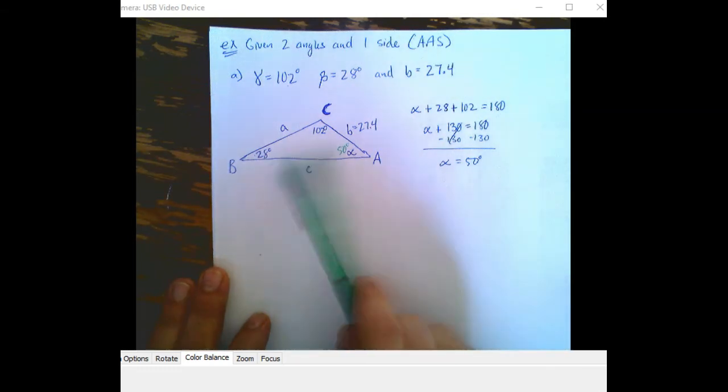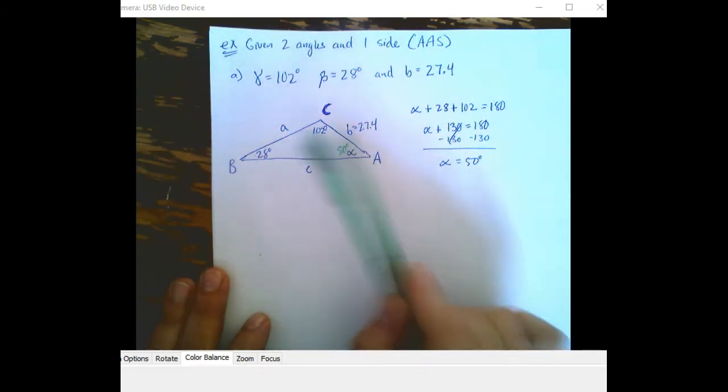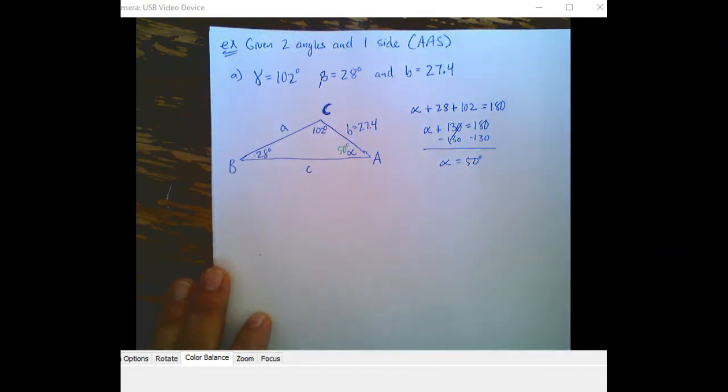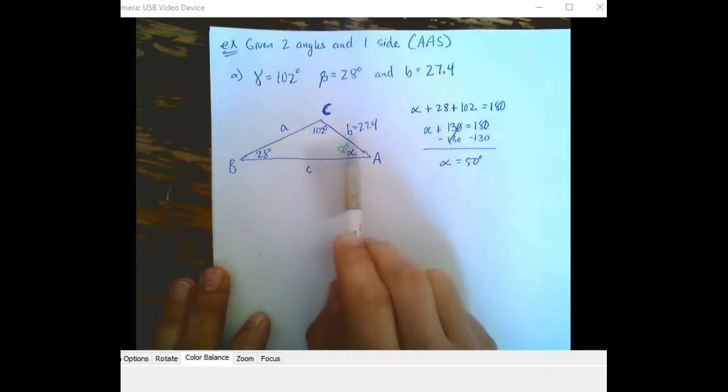All right, now we need to find the sides, right? In the right triangle unit, what we would do is just set up either a sine, cosine, or tangent ratio to get the missing sides. But this is not a right triangle, so we can't do that in the same way. So what we need to do is use our law of sines. In order to use the law of sines, we need to have an angle and side combination.